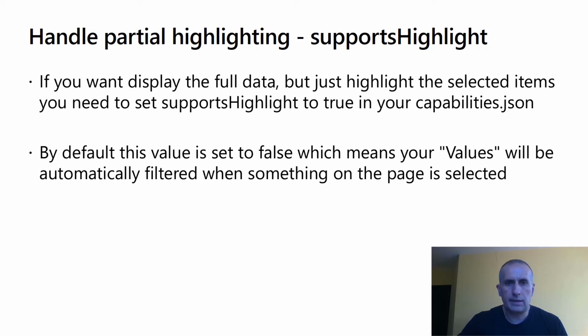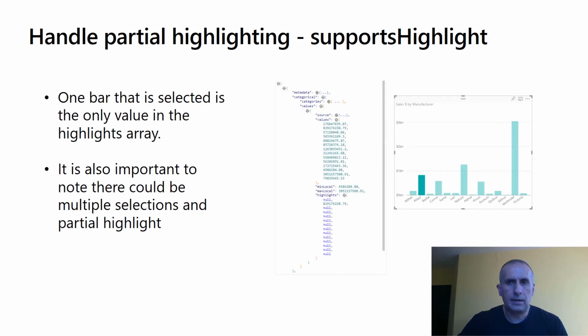By default, highlight is disabled and you need to enable it to be able to use this functionality. It is also possible to have multiple selections in your component, so it is possible to have several highlighted areas.